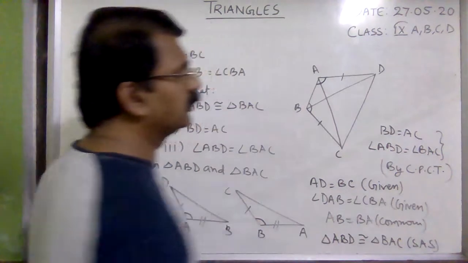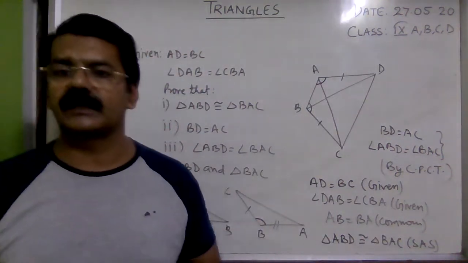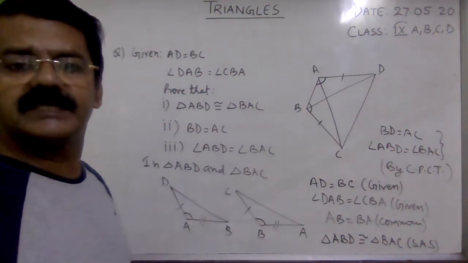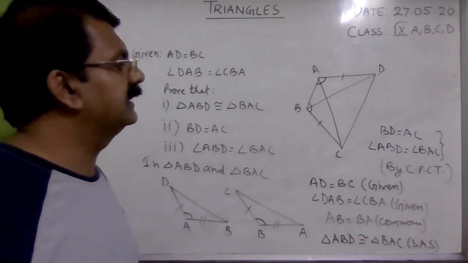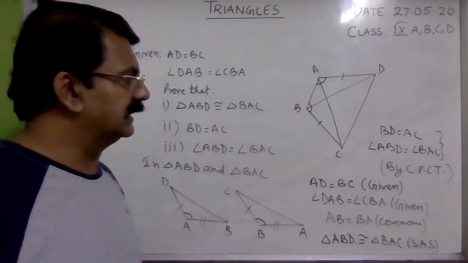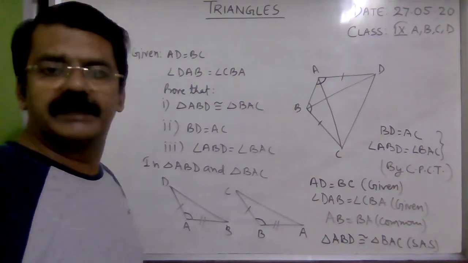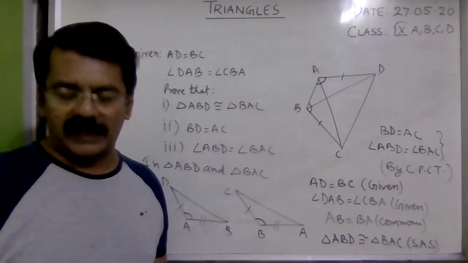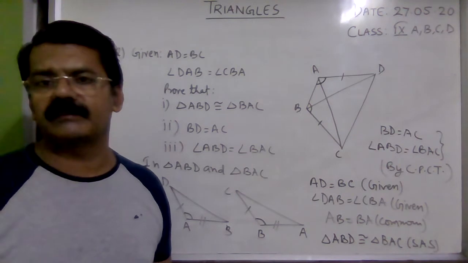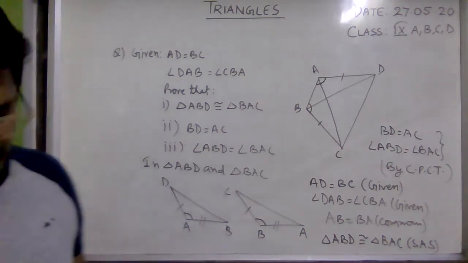We have already proved that these two triangles are congruent. So by CPCT we can say that BD is equal to AC and angle ABD is equal to angle BAC. Clear? I hope it is clear to all of you. Then we'll move to the next question.